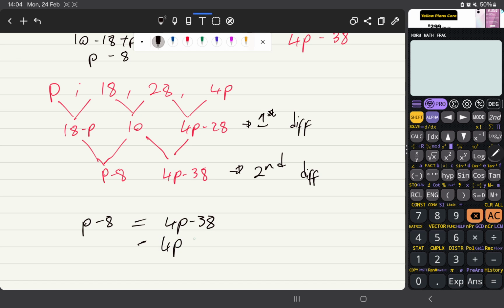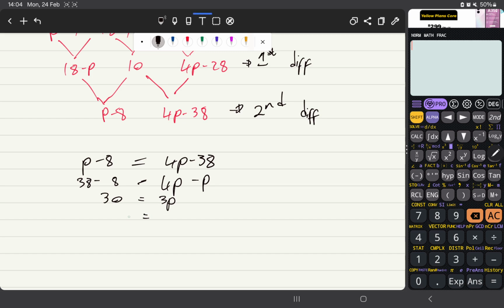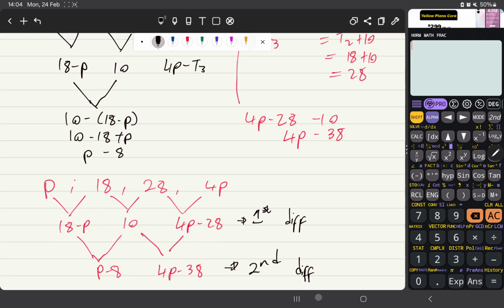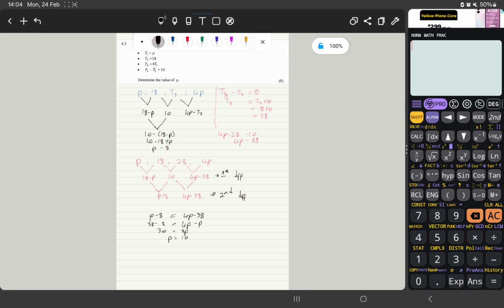So now I'm transposing, that's going to be minus P, and I have 38 minus 8, and that is 3P equals 30. Divide by 3 everywhere, you get 10. So P is equal to 10, right? Which is exactly what we were trying to find.